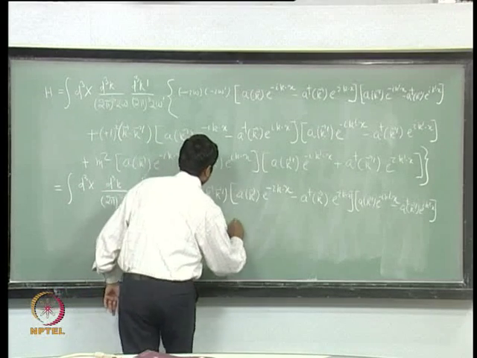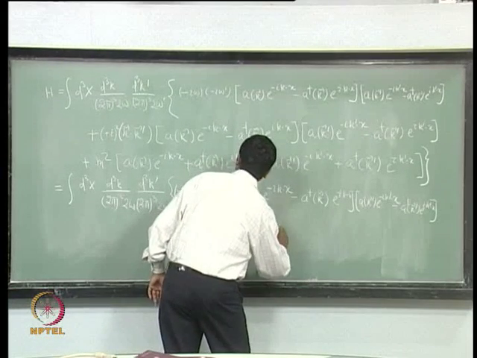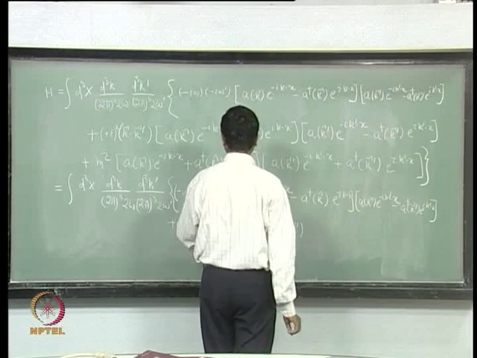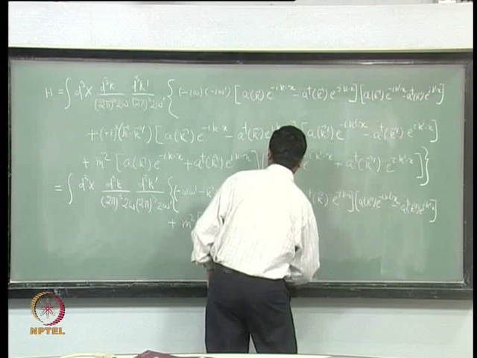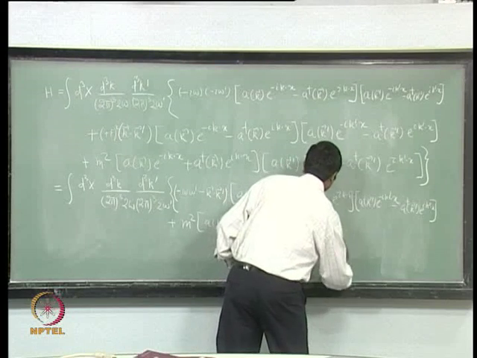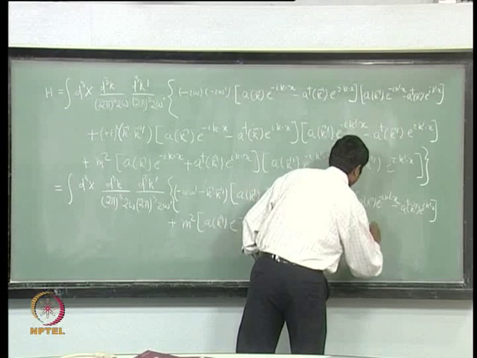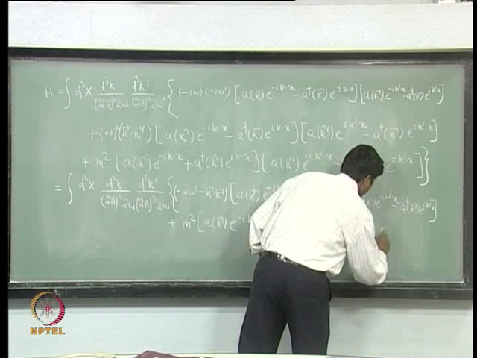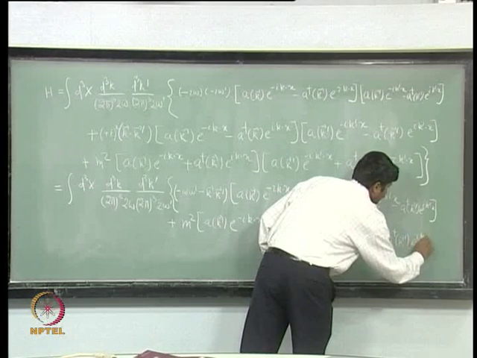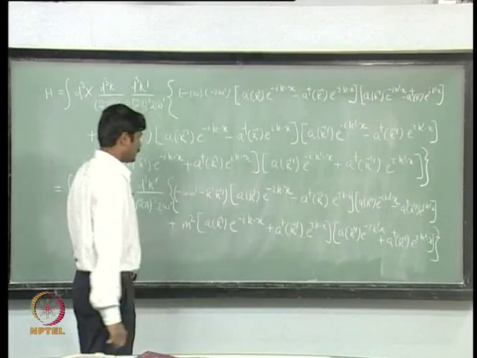a_k e^(-ik·x) plus a†_k e^(ik·x), and a_k' e^(-ik'·x) plus a†_k' e^(ik'·x). All right.